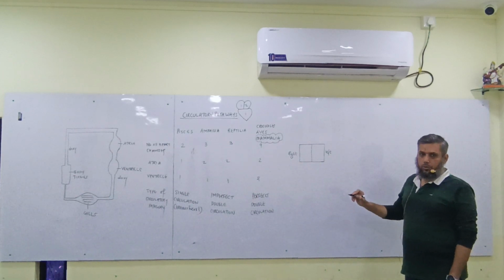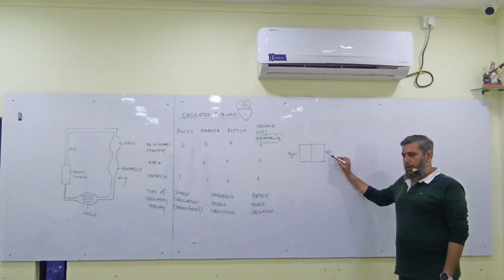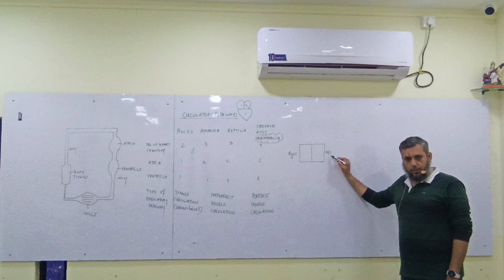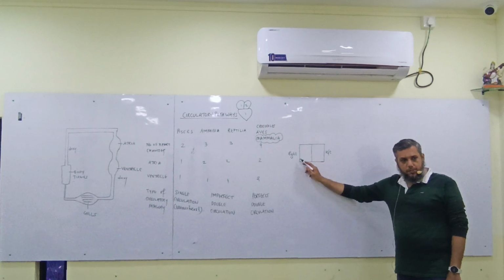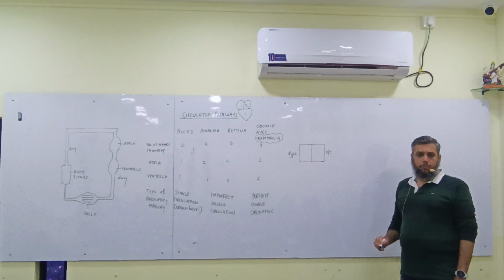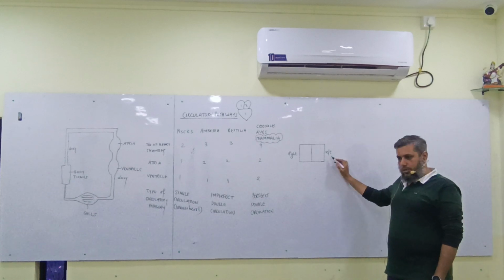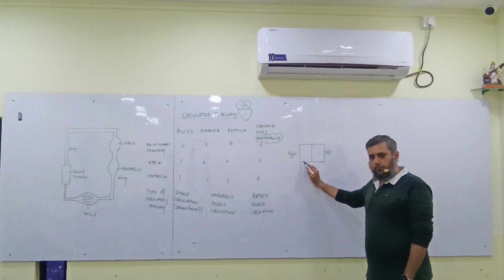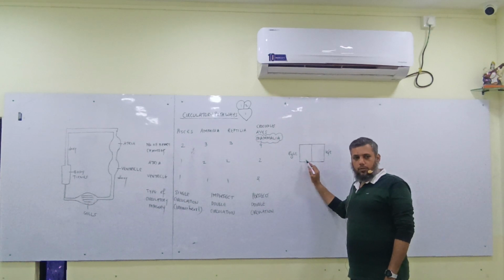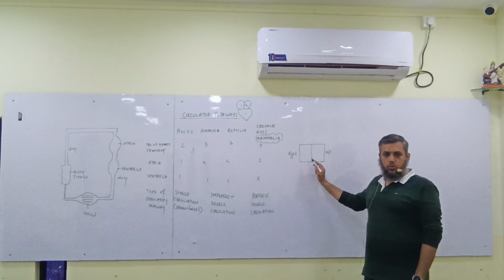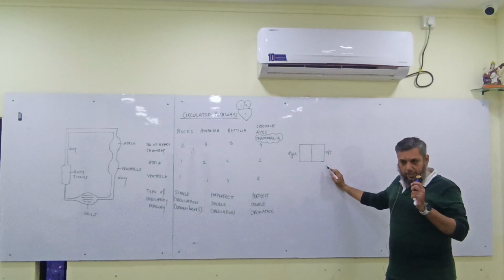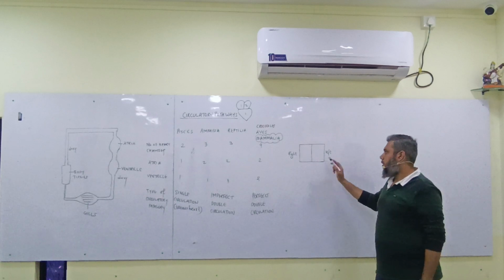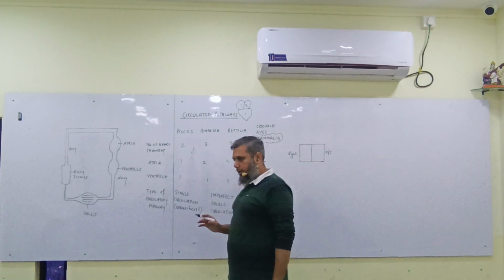And what you need to remember is the rule: the left side always deals with oxygenated blood, and the right side always deals with deoxygenated blood. So whenever I say left, you will say oxygenated, and whenever I say right, you will say deoxygenated. Are we clear with this point?